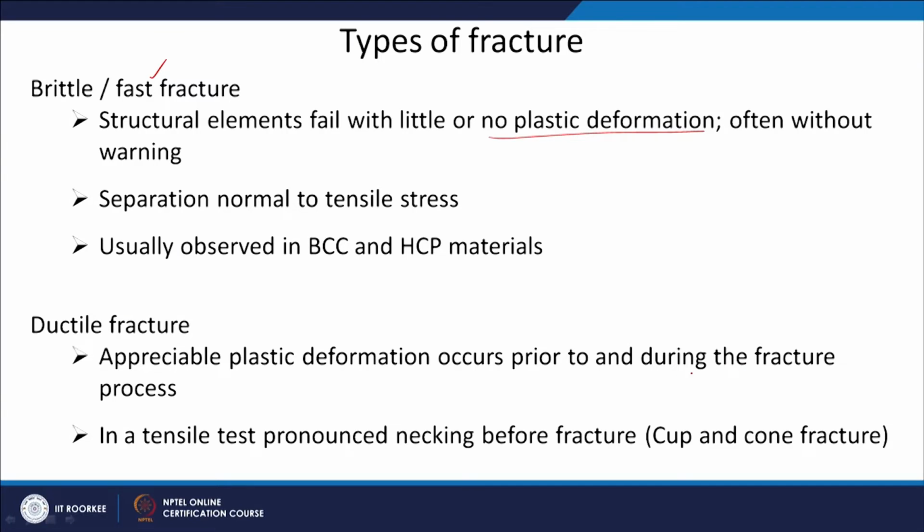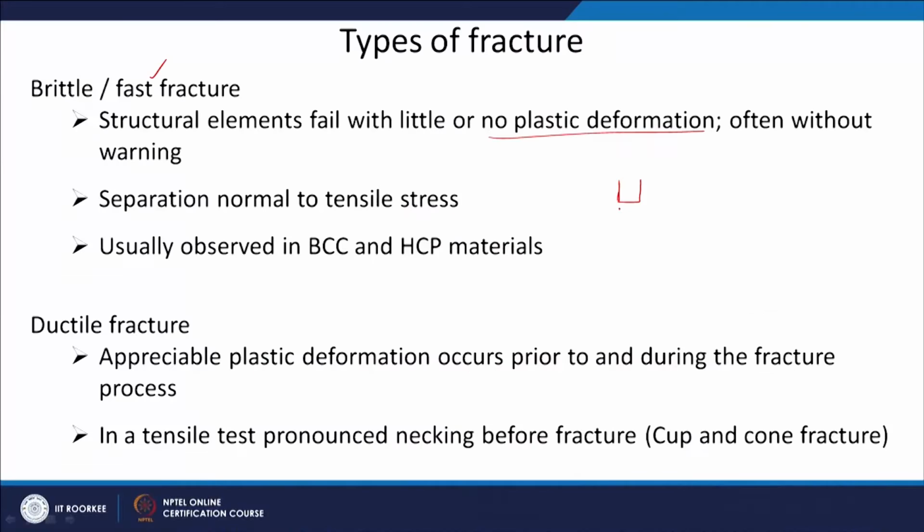And in ductile fracture, you will have appreciable plastic deformation which occurs prior to or during the fracture process. In a tensile test, there is pronounced necking before fracture, the cup and cone fracture. When we do a tensile test, we can clearly tell which one is a ductile material and which is a brittle material, depending upon how they get fractured.